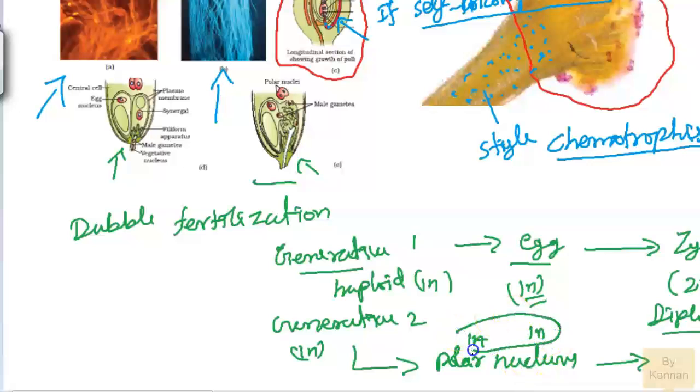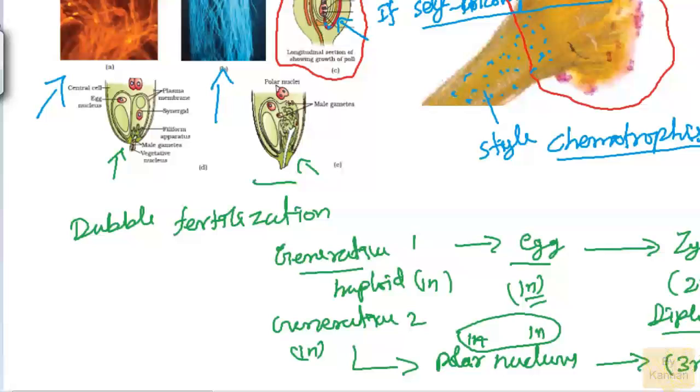So there will be two 1n nuclei inside the polar nucleus. Here the generative cell is 1n and the polar nuclei are two individual 1n nuclei. After they fuse, they form a 3n cell.